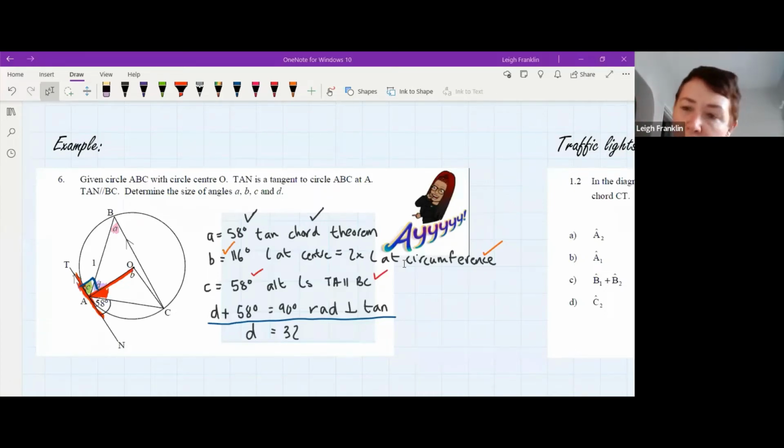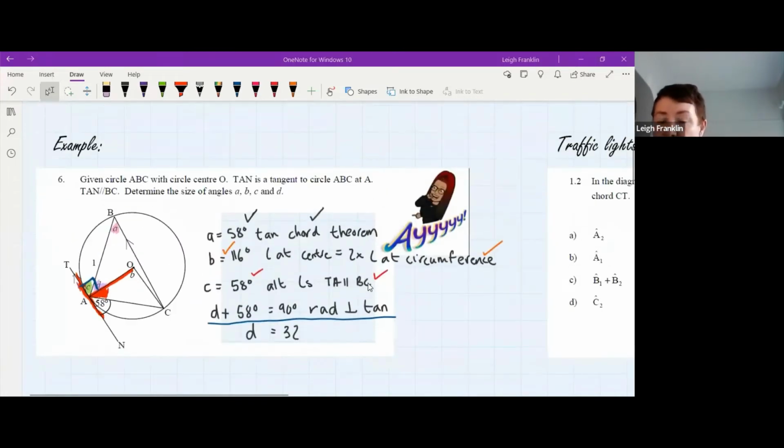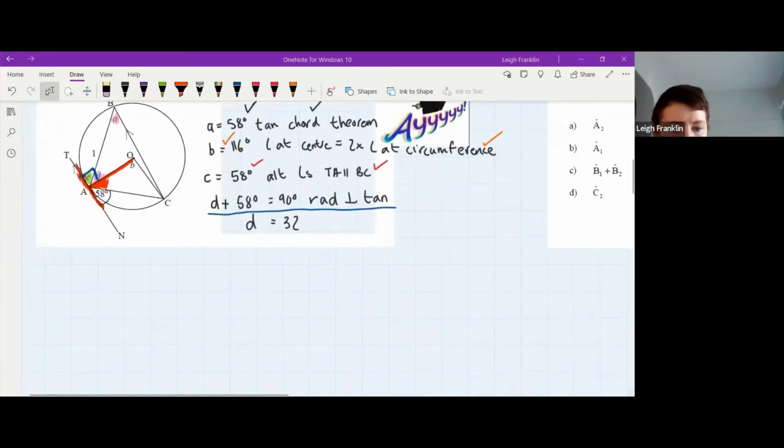If OA is a radius and TN is a tangent, then C and D will always add up to 90. We might see in the next question that we do that this will clarify itself a little bit. But you've just got to be careful about making assumptions rather than working with what's 100% true.